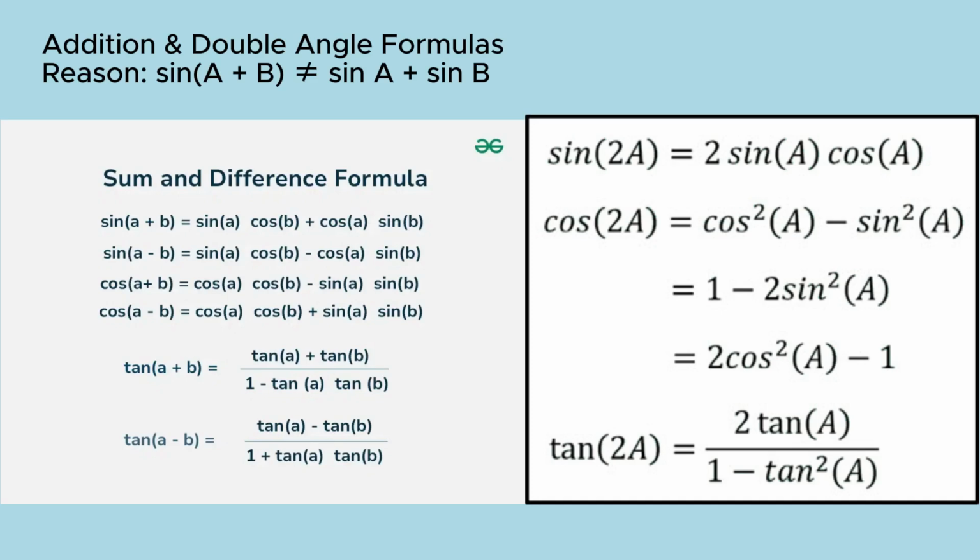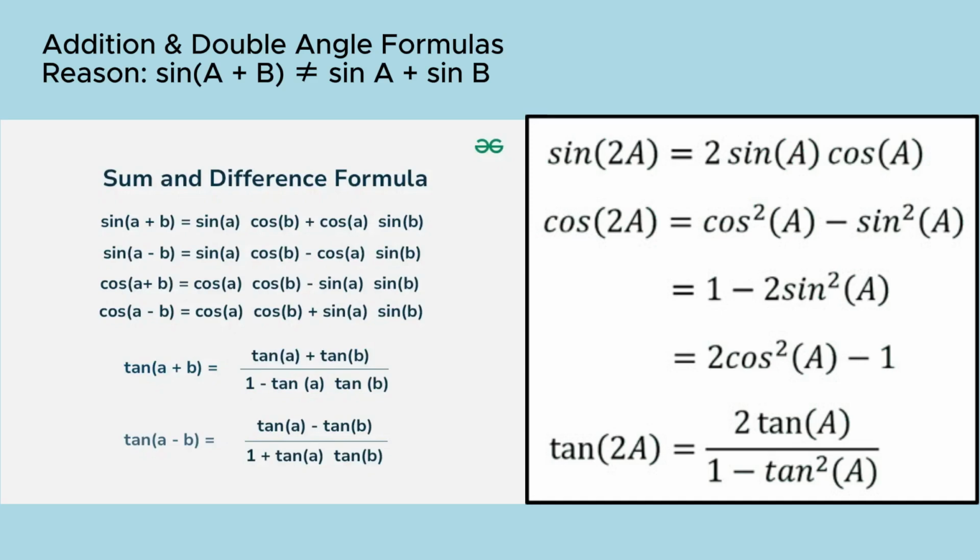Now let's look into the addition and double angle formulas. You might want to ask yourself, why can't you just use the one above, like sine bracket a plus b, and then get the value? And why not just try sine a plus sine b and then you get the answer? The truth is, when you try it, they're not going to be equal to each other, regardless of which angle you use.